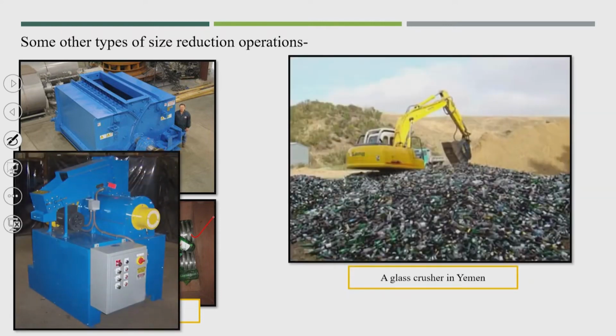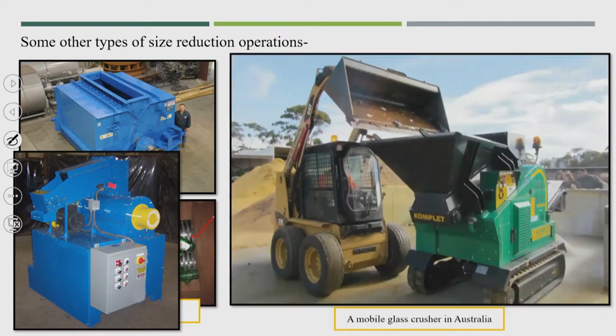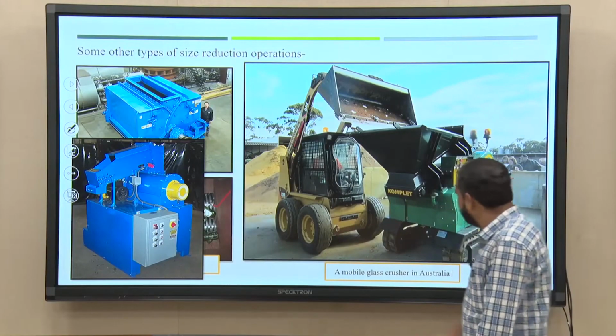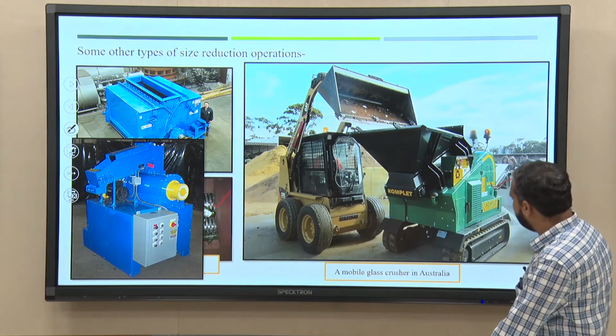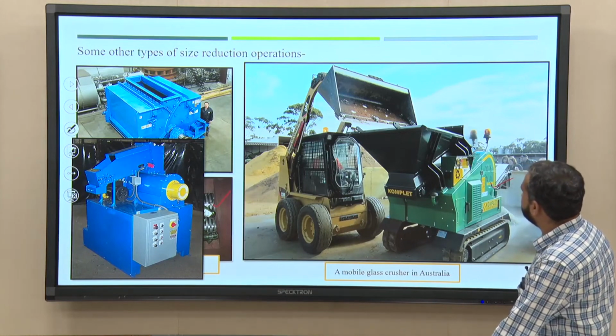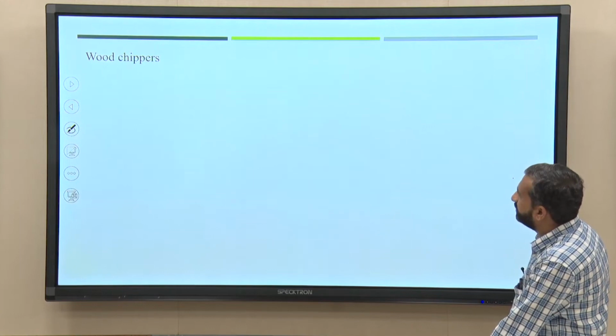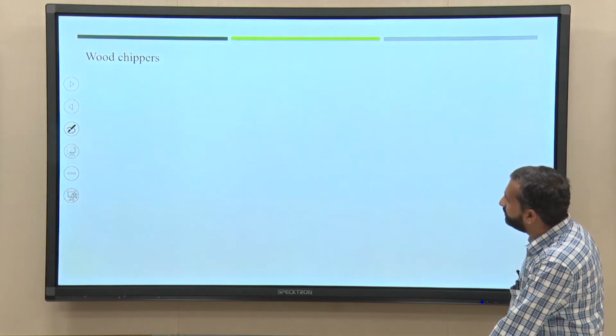This is another one, a glass crusher in Australia. This is a mobile glass crusher, which you can easily take to other locations. So it is called a mobile glass crusher. And this is a special one, a wood chipper.